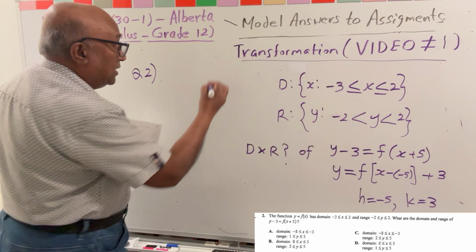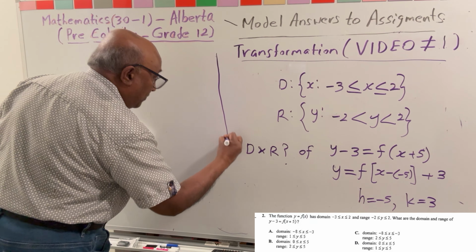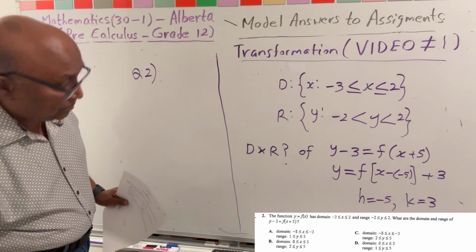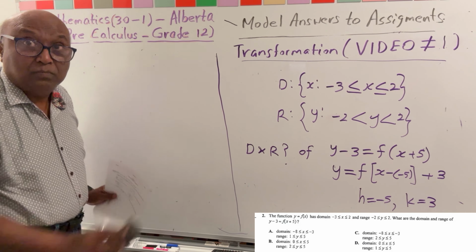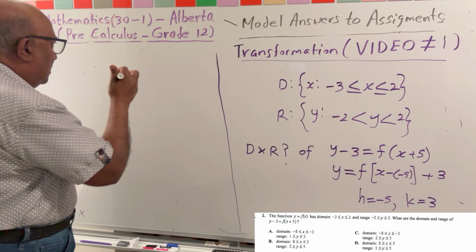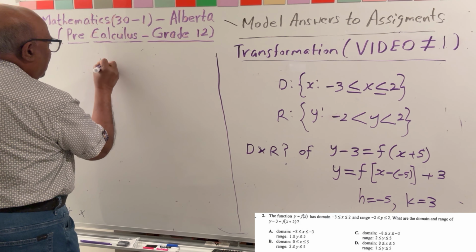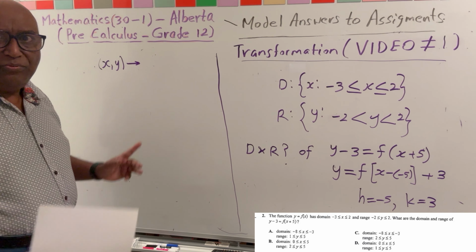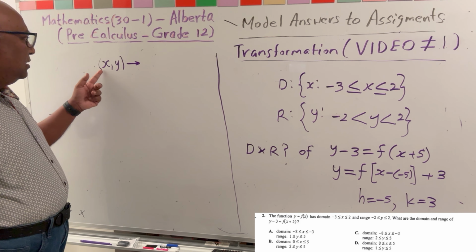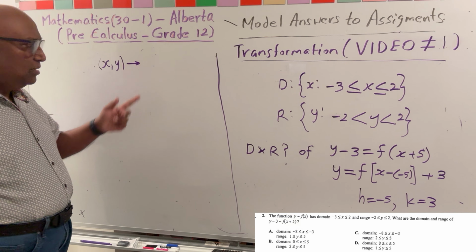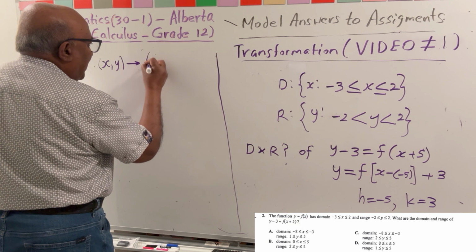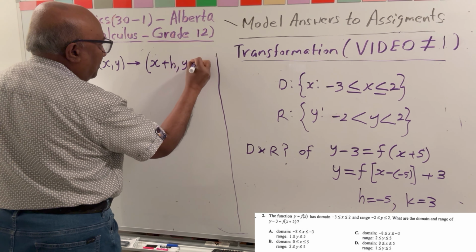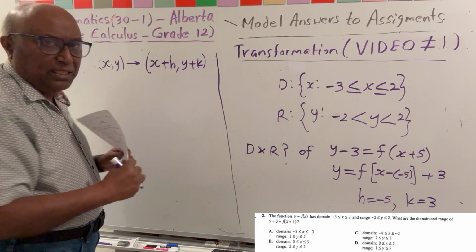I am continuing the rest of the question on this side. In the standard mapping notation, the new coordinate would be (x plus h, y plus k). You have to know this from the theory.